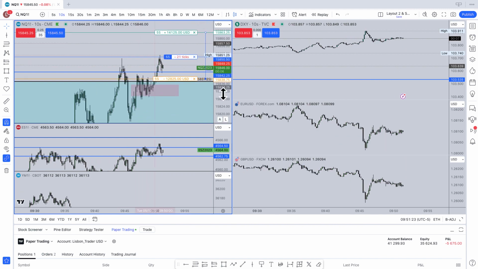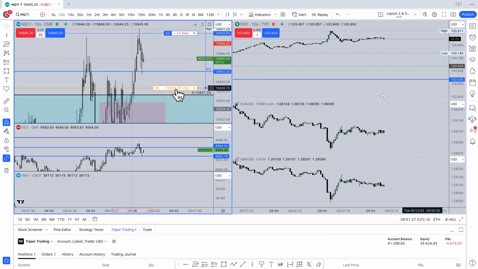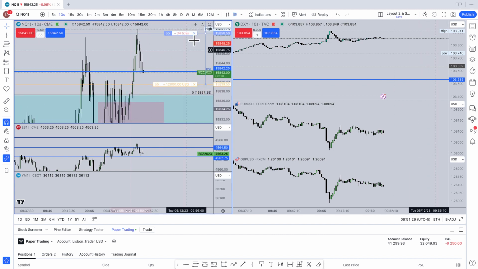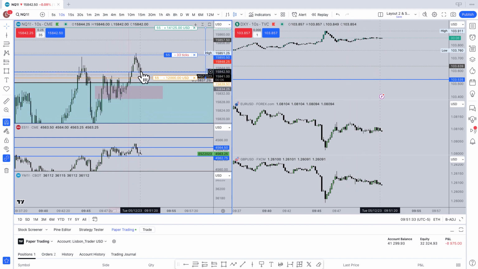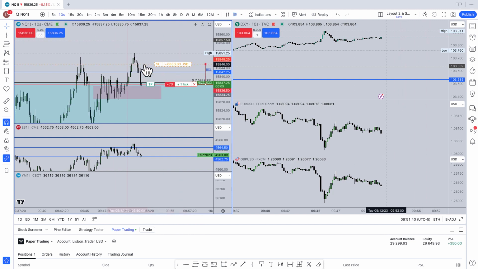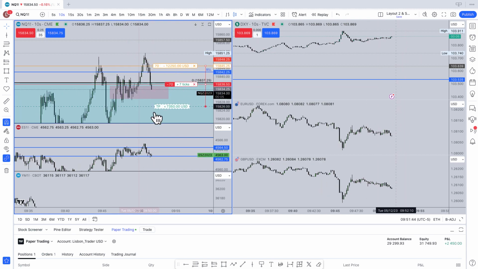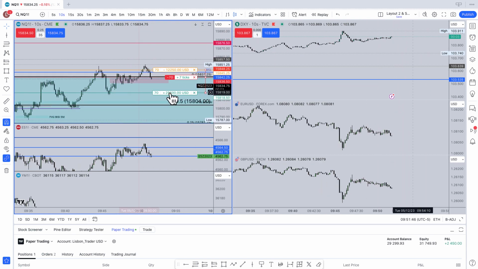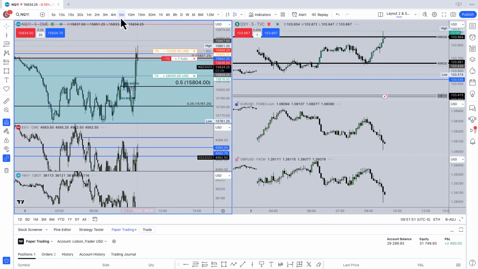Too narrow stop loss. So let's see if this wants to go lower.